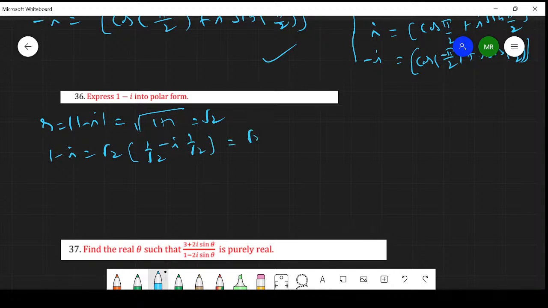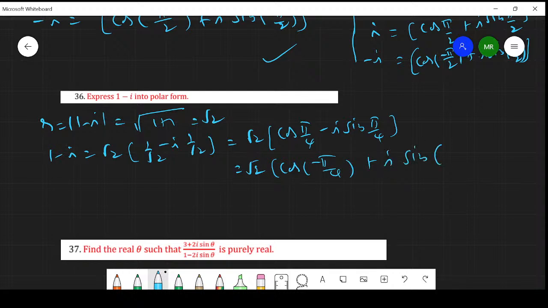Root 2 into cos pi by 4 minus i sin pi by 4. The complex number is in the fourth quadrant, so the argument should be negative. So I can write root 2 into cos of minus pi by 4 plus i sin of minus pi by 4. That's all.